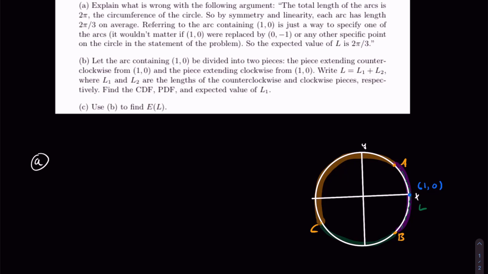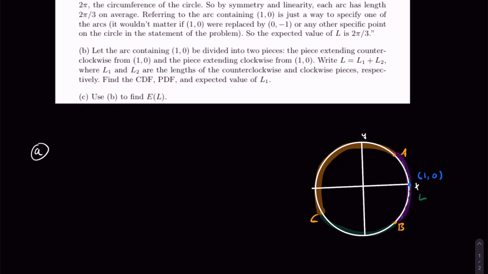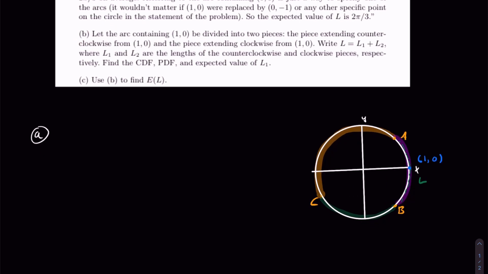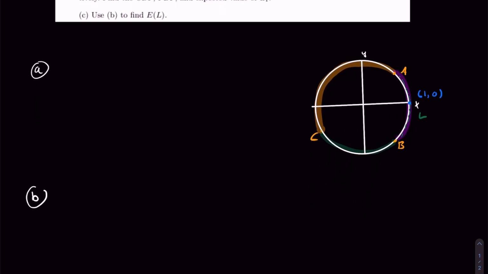So L, the arc that contains this point, will be larger on average than any of these arcs I've drawn here. So it has to be the case that L is not 2 pi divided by 3. In the next question, we're asked to figure out what L is. Let's dive into that immediately.